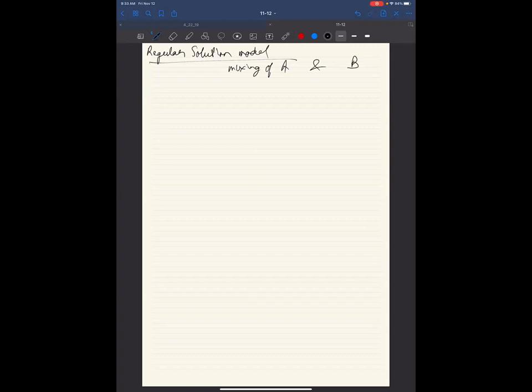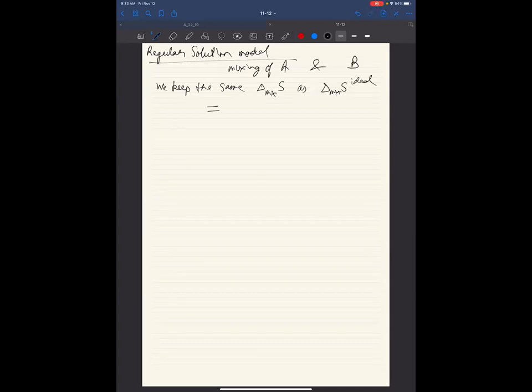So I'm just going to write mixing of A and B. And here, we keep the same delta mixing S as delta mixing S ideal. We don't change that, okay? We just use that. Why don't we change that? Because, well, it's a model. We are allowed to do whatever we want to do in building this model, right? So this is an assumption of this model.